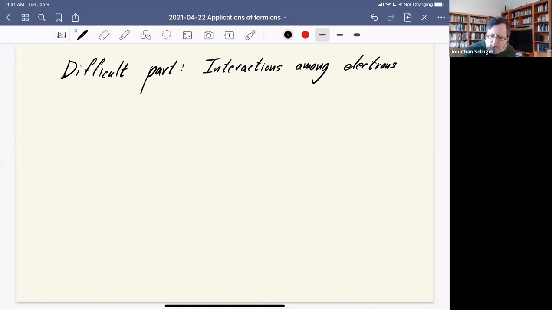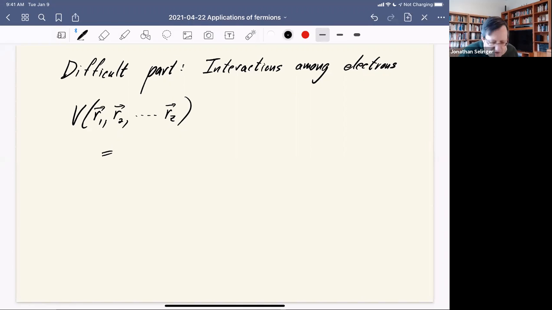Okay. So, if we wanted to figure out what's the potential energy as a function of all of the electron positions, part of the potential energy is the interaction of the electrons with the nucleus, and then part is the interaction of one electron with another.